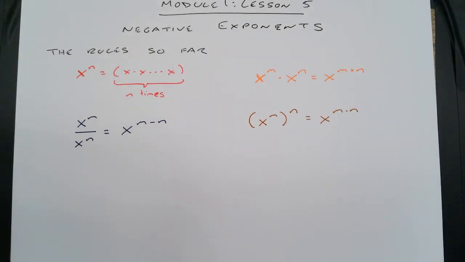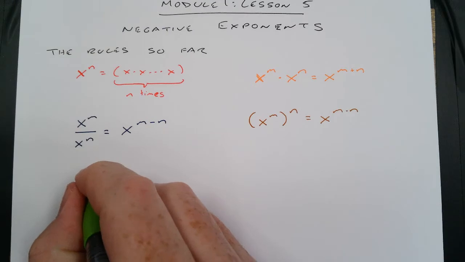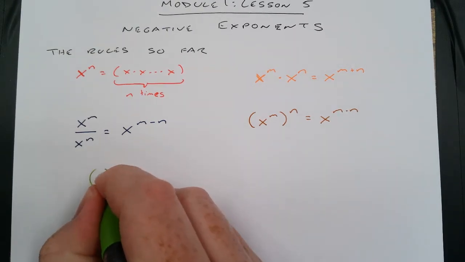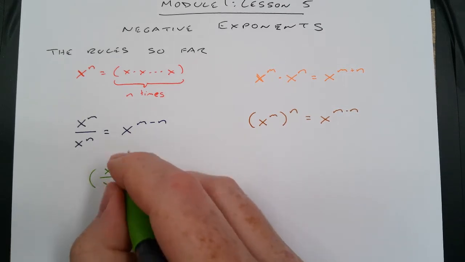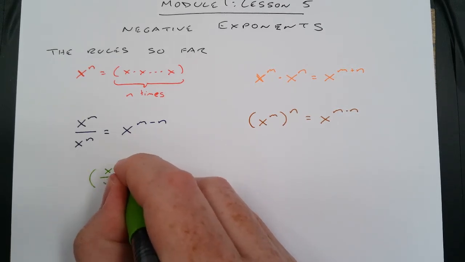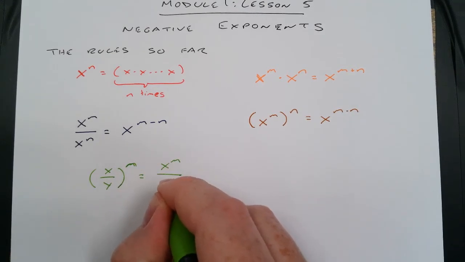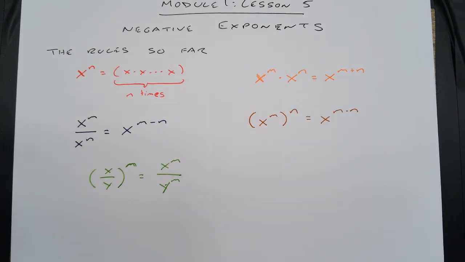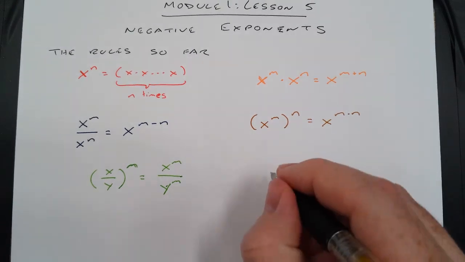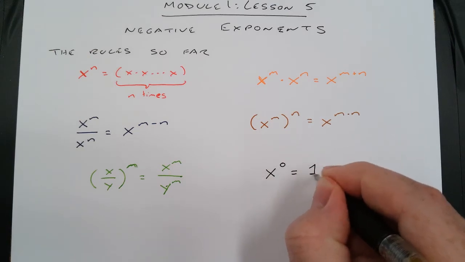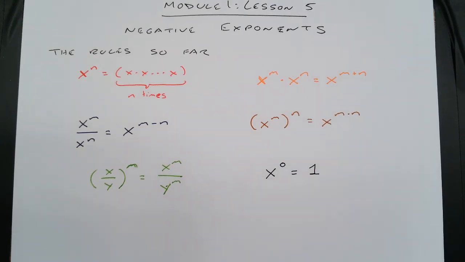Also with parentheses, we saw that when you have x over y, everything raised to the m power, the exponent gets passed to the numerator and to the denominator. Finally, in the last lesson, we saw that any base raised to the 0 power is always 1. Those are the 6 rules so far.